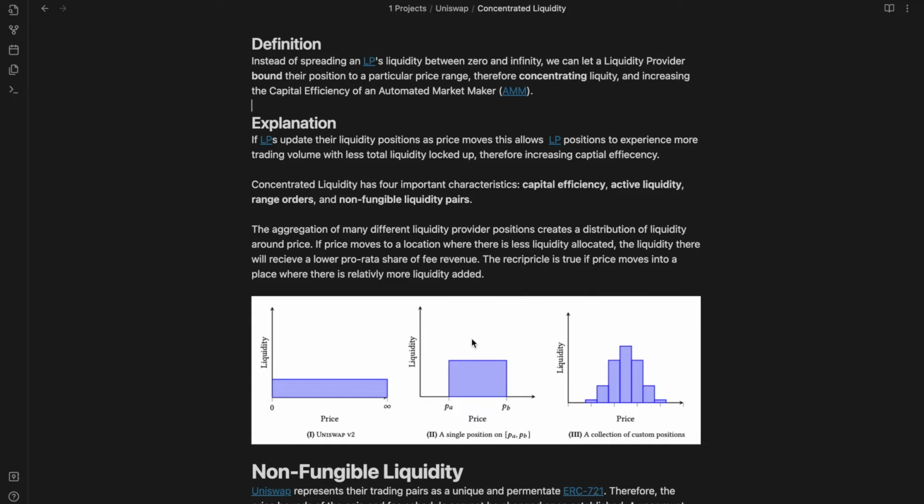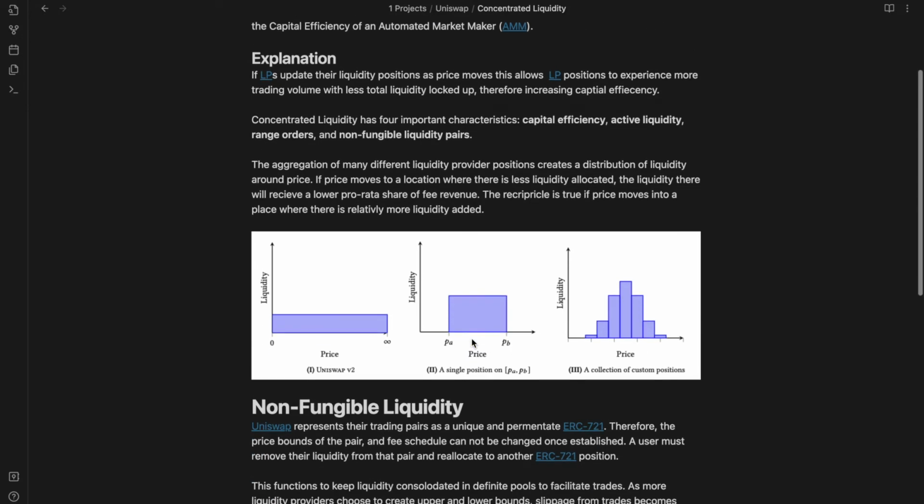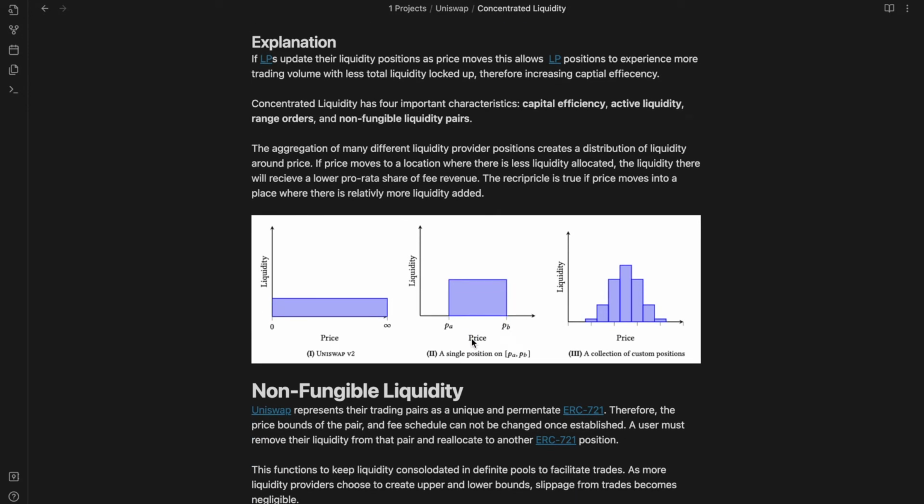So if you do ETH USDC, you are providing liquidity when ETH is $0. Now the probability ETH goes to $0 is quite low. You're also providing liquidity technically for ETH at $100,000, $1 million, $10 million, and so on. And it causes a major inefficiency. Now, how do you get around this? The way you get around this is by bounding your liquidity in a price range.